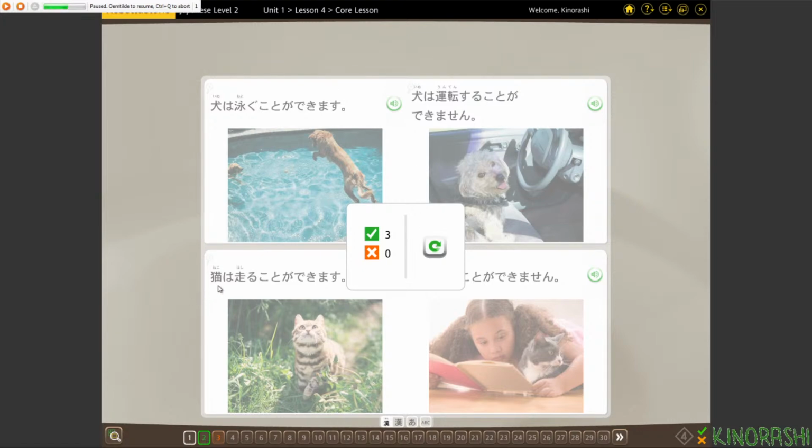Let's see. Neko wa hashiru koto ga dekimasu. Oh, and it's saying the cat can run, even though we're not seeing a cat run. We're just saying the cat can run.